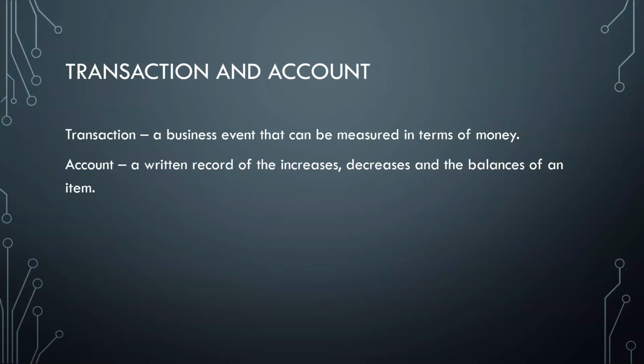So if you go to the cash account, every single transaction that's recorded in that account is a cash transaction. The land account will only contain land transactions. So again, an account is just a written record of the increases, decreases, and the balances of a particular type of item.